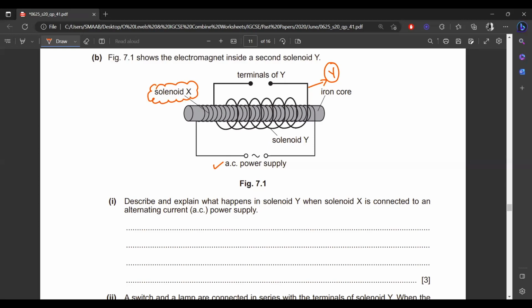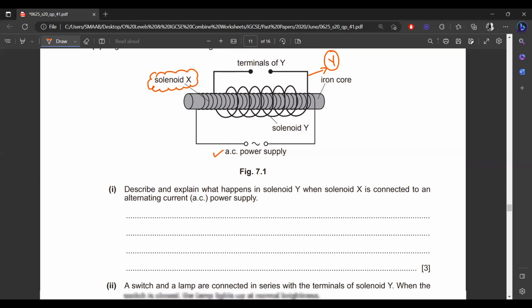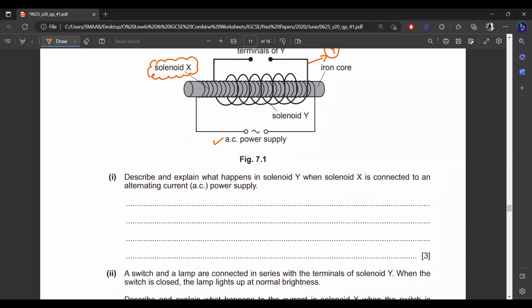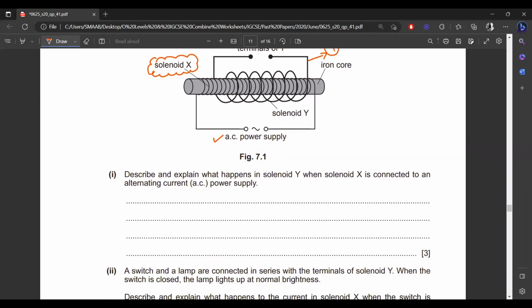So the same concept we need to write for electromagnetic induction. The answer is very simple to write. We just need to mention the basic concept of electromagnetic induction.